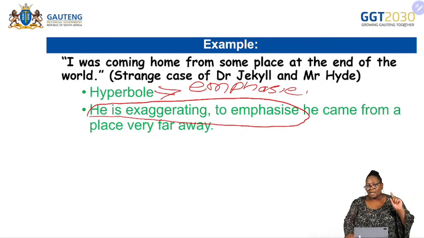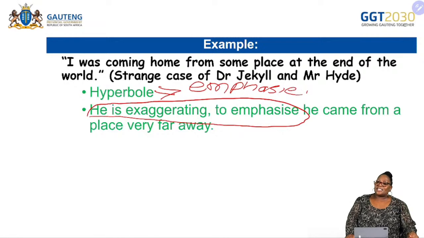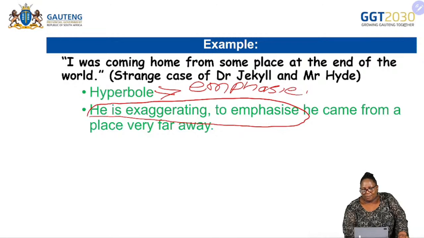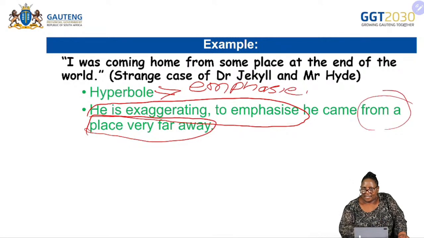He comes home from some place at the end of the world. And do you know where the end of the world is? It can only indicate that that place is a very far, far away place.